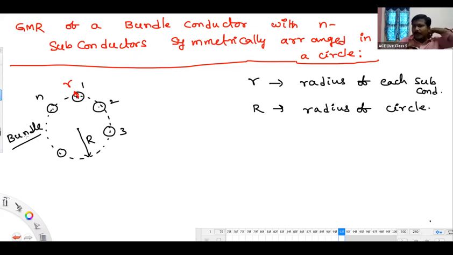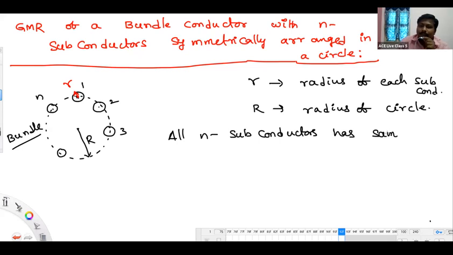Clear? Obviously the GMRs of 1, 2, 3, 4, and so on up to n are equal.